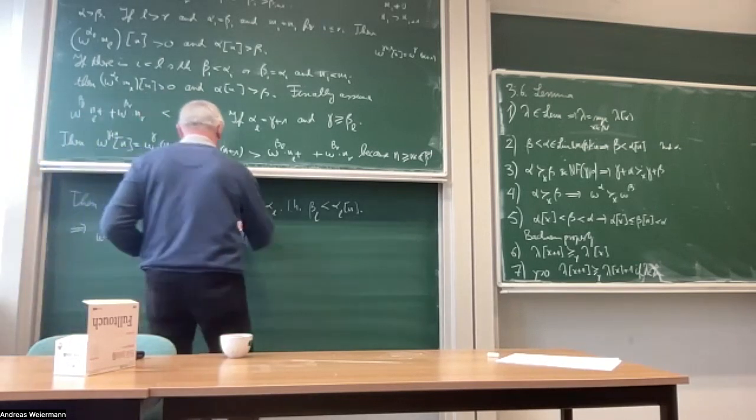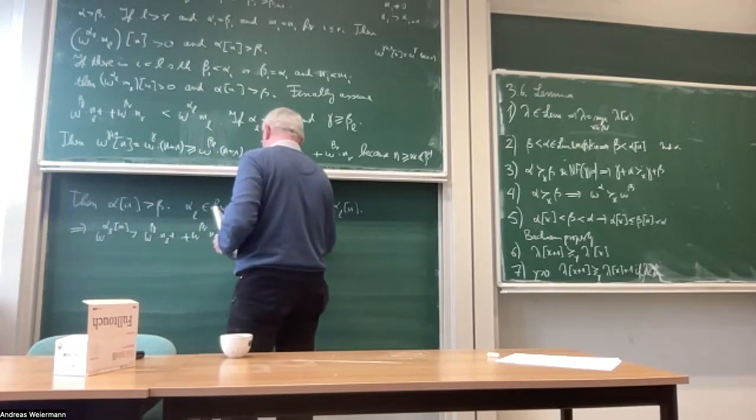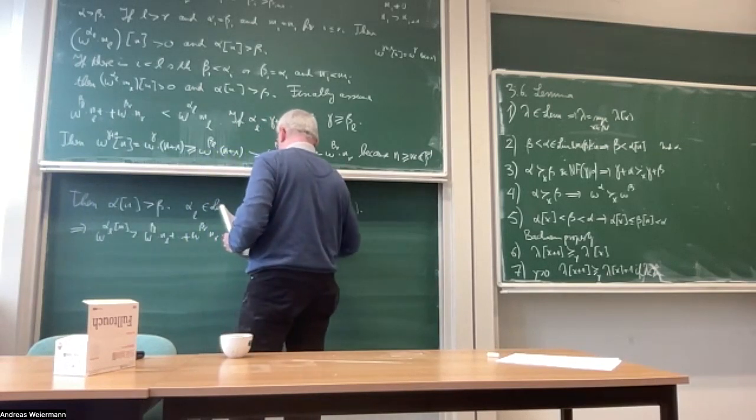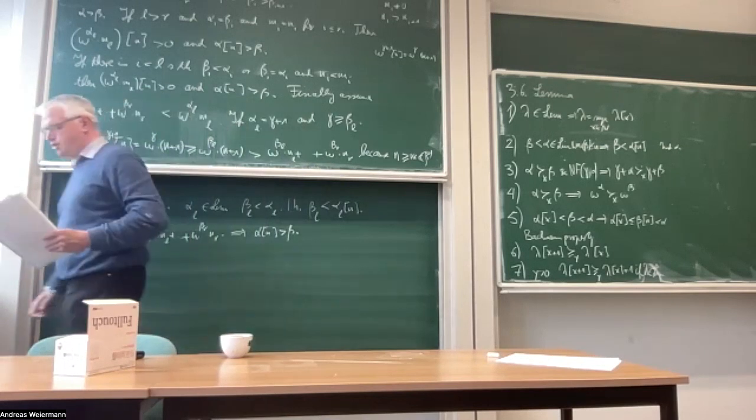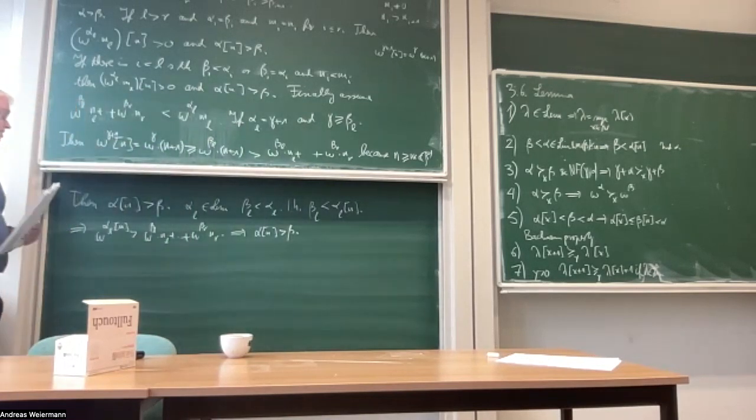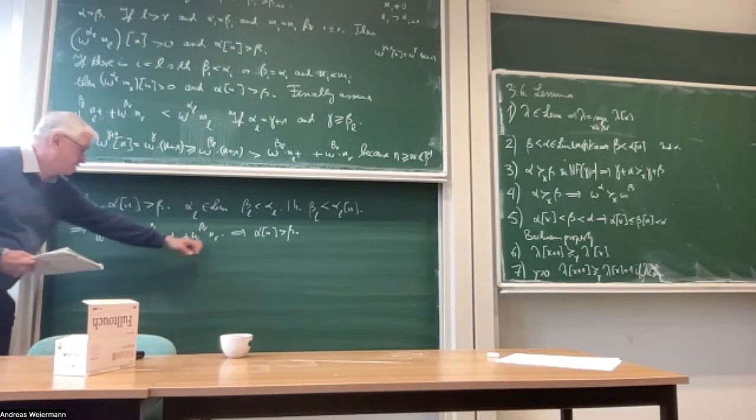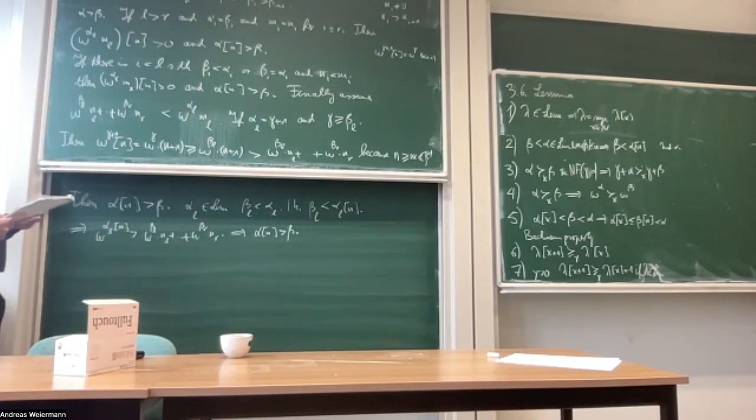And then it follows that alpha n is bigger than beta, for the last term in alpha after taking the fundamental sequence is already bigger than this remainder.